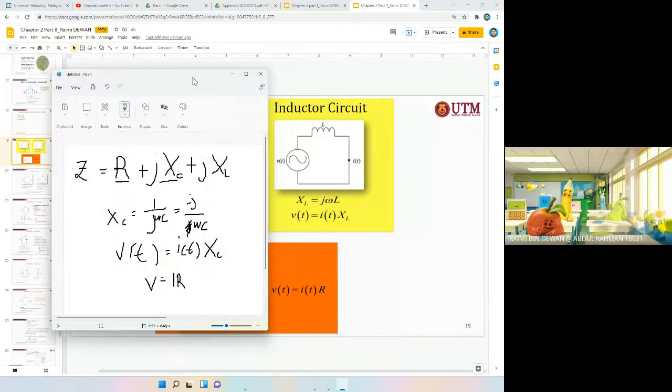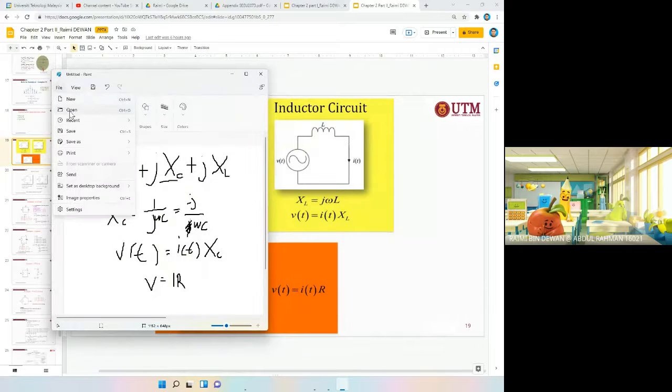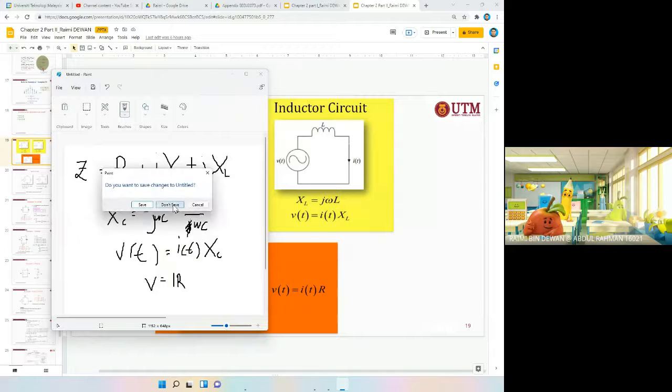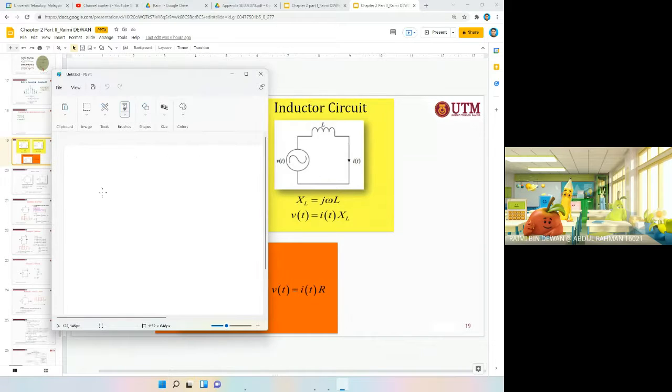Similarly, for the inductor circuit, it's a bit different. You have XL, the reactance due to the inductor, which is j omega L. To know the reactance due to capacitance, you relate it to the voltage equation.